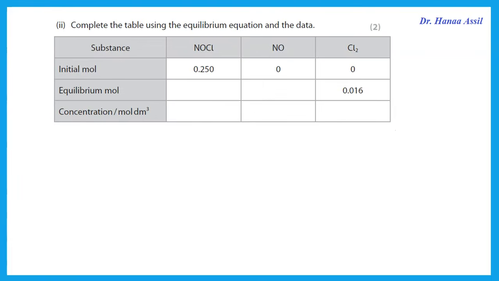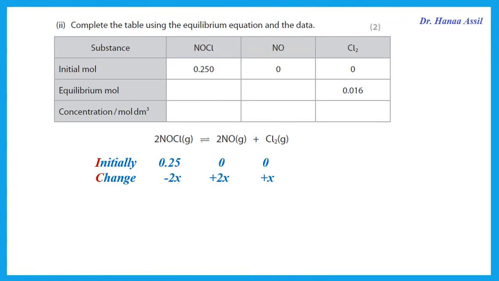Complete the table using the equilibrium equation and the data. So this was the equation, and we are required to get the number of moles at equilibrium and concentration at equilibrium. That means we need to go through an ICE chart. Initially, we are told that we're starting with 0.25 of NOCl and 0 of the other gases.